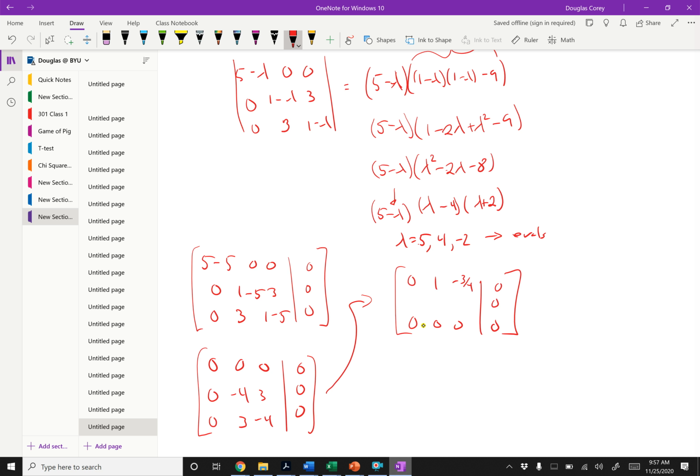If I multiply that first row, this one, by negative 3 and add to that one, then this first one will be 0, and the second one will not be 0. And the key thing is it won't be 0, and it also won't be negative 3/4. So that means I can turn it into a 1 and eventually get rid of this. So this is as far as we can row reduce.